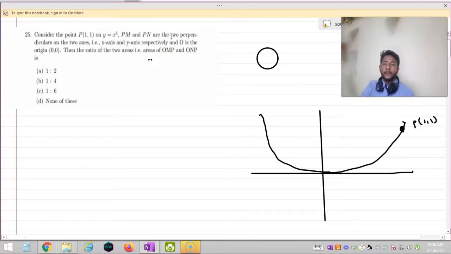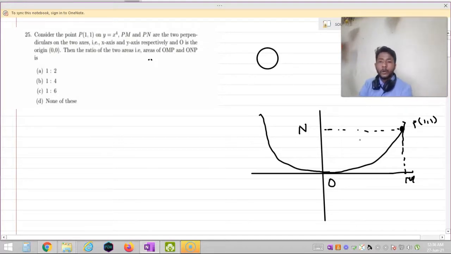PM and PN are the two perpendiculars drawn to the axes. So this is our PM, this is our PN. Then O is the origin, and we have to find the ratio of the areas OMP and ONP.